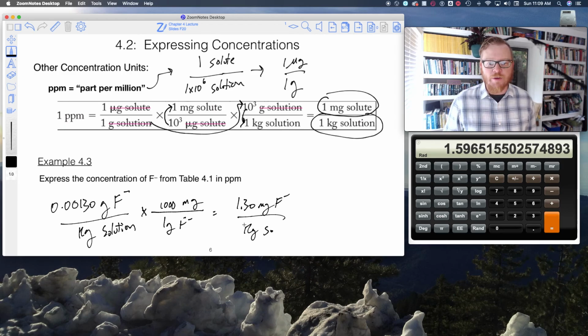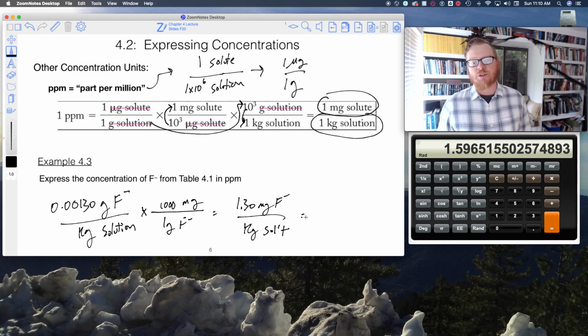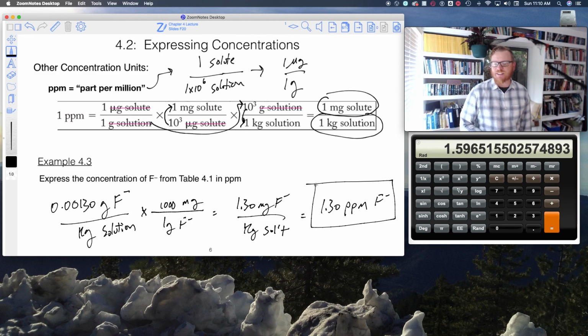I'm going to start giving you my abbreviation for solution. I say sol apostrophe T. That's how I abbreviate solution. And so 1.3 milligram of F- per kilogram of solution, that's the same as just saying 1.30 part per million of F- in seawater. And that's just much easier to say. Okay. So I'm going to move forward.